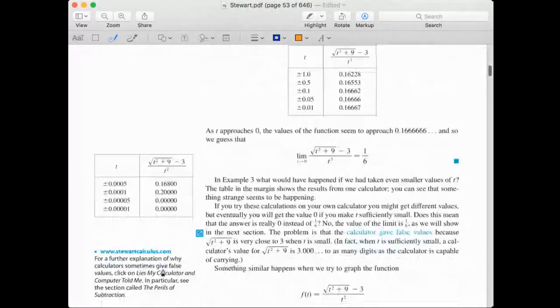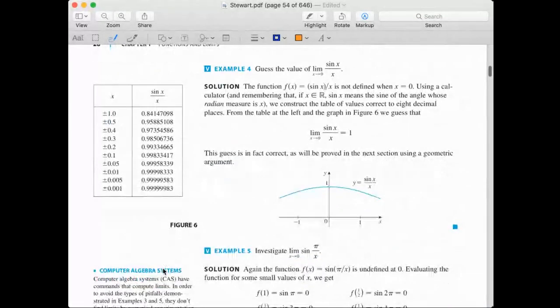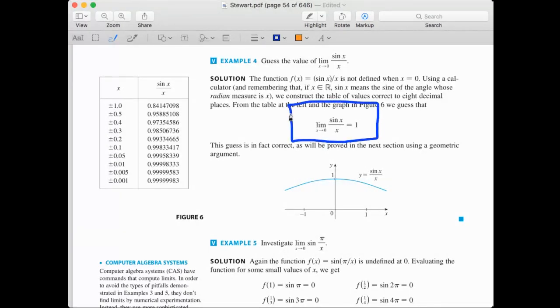And we have one more situation to talk about. This is another important identity, involving sine. All right, so this is an important identity.